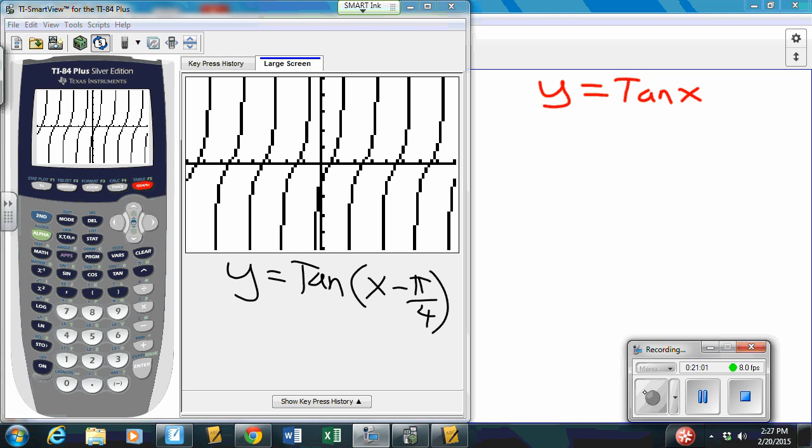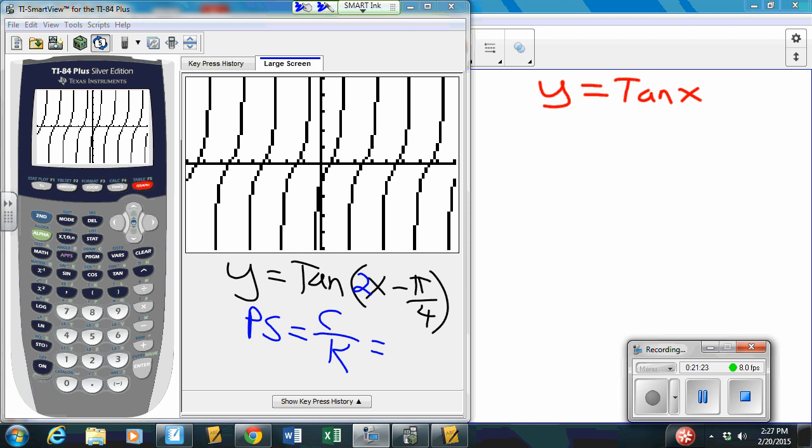Okay, so most of you have this. Instead of just tangent of x, I had 2 and a shift to the right, pi fourths. Well, actually, you guys remember phase shift? Phase shift is equal to c over k.